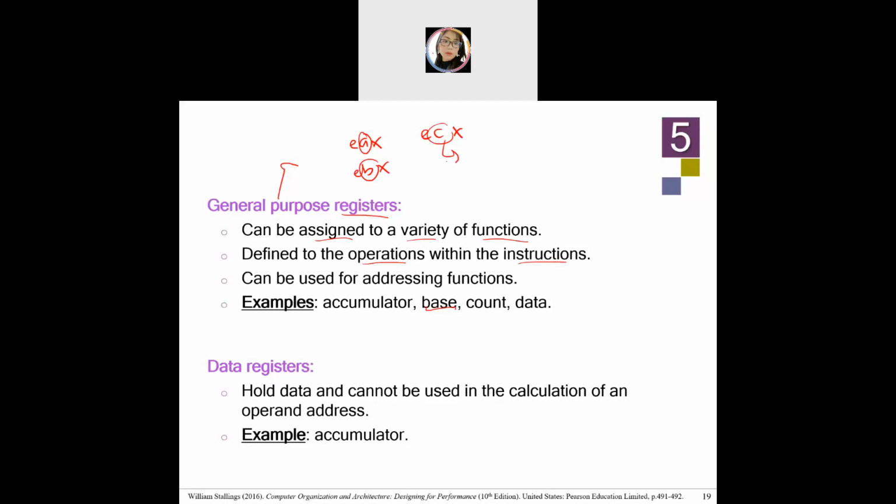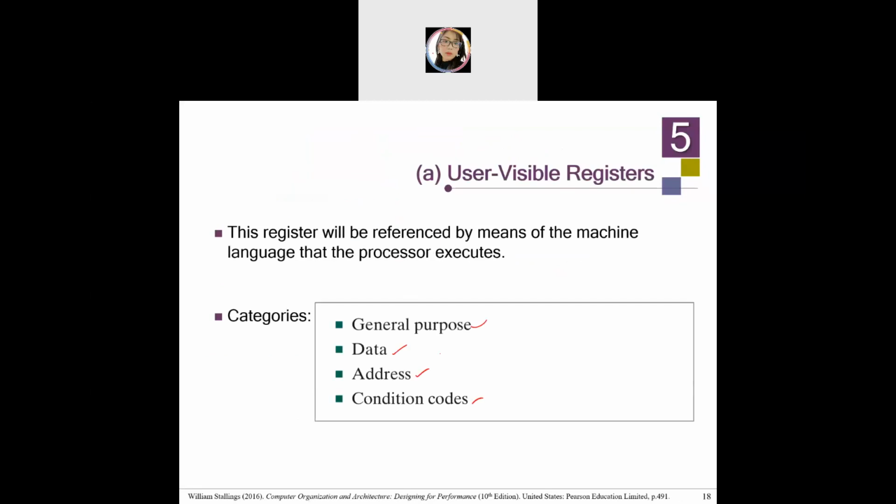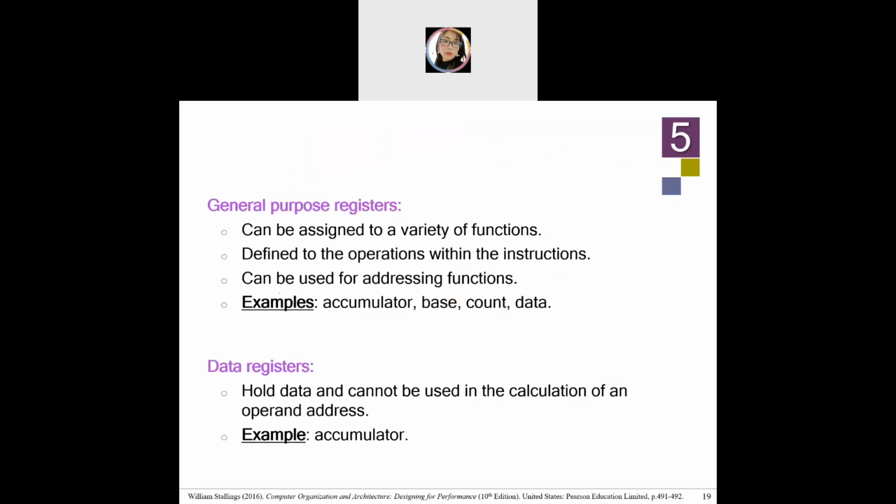That's why last time in our previous module 4, we used ECX as a counter because it is a count register, and EDX is the data register. So under general purpose, you know the general type of register, and it can be used for addressing functions also.